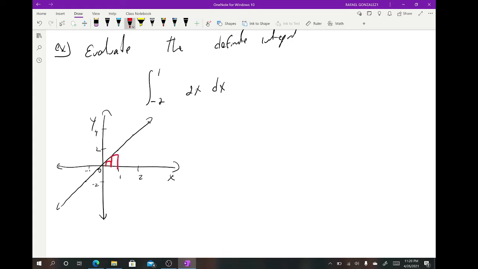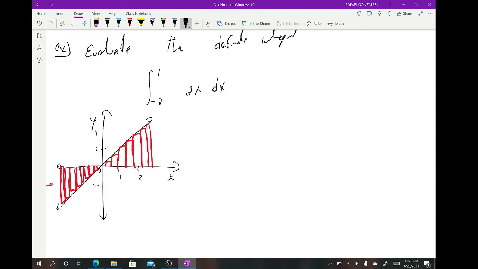We have a bunch of rectangles, again by the Riemann integral, that we're going to be adding together infinitely many times, and this is going to give us the value of the integral. Again, this is in relationship to the x-axis, so that's why we also have these rectangles going in the other direction.